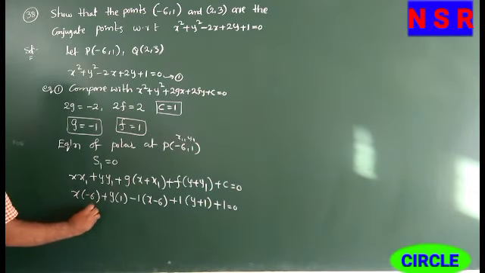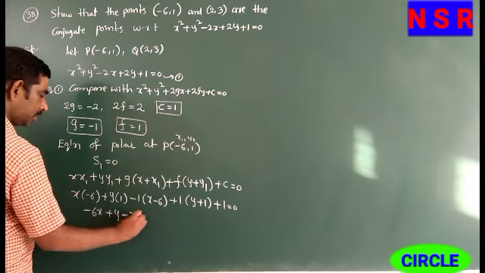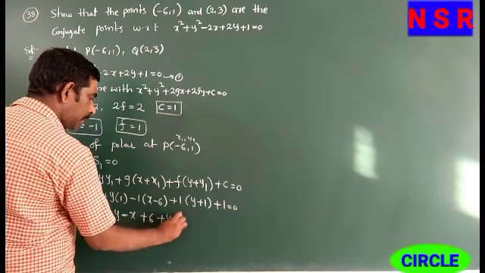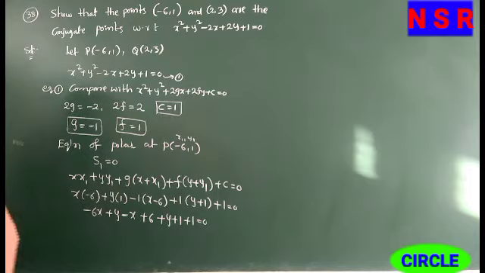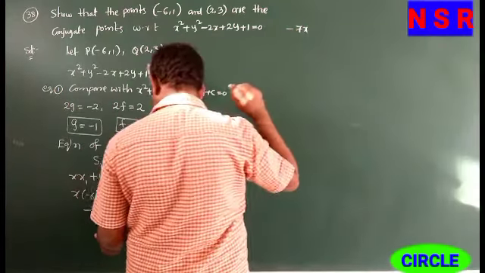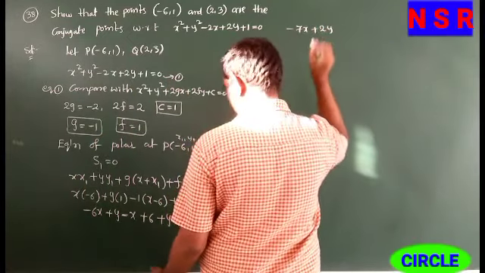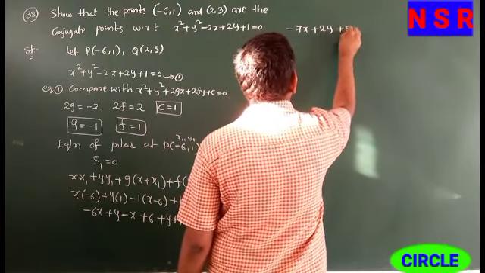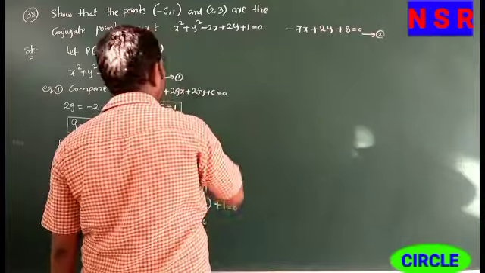So -6x + y - x + 6 + y + 1 + 1 = 0. So -6x - x is -7x, y + y is 2y, and 6 + 1 + 1 is 8, equal to 0. So take it as equation number 2.